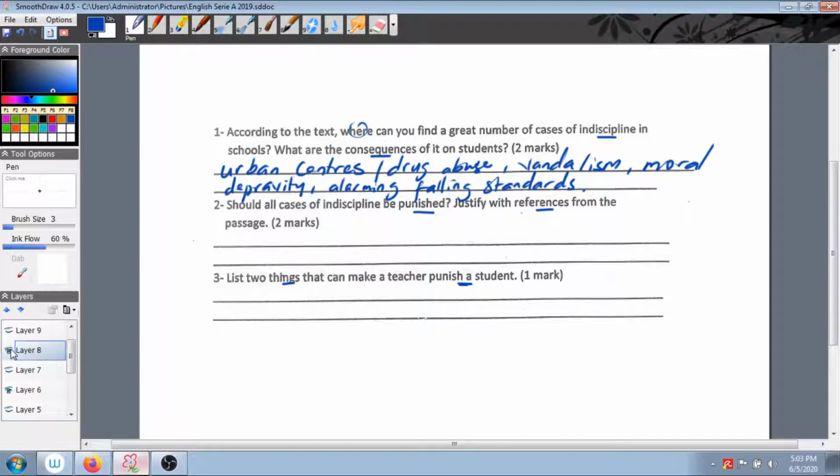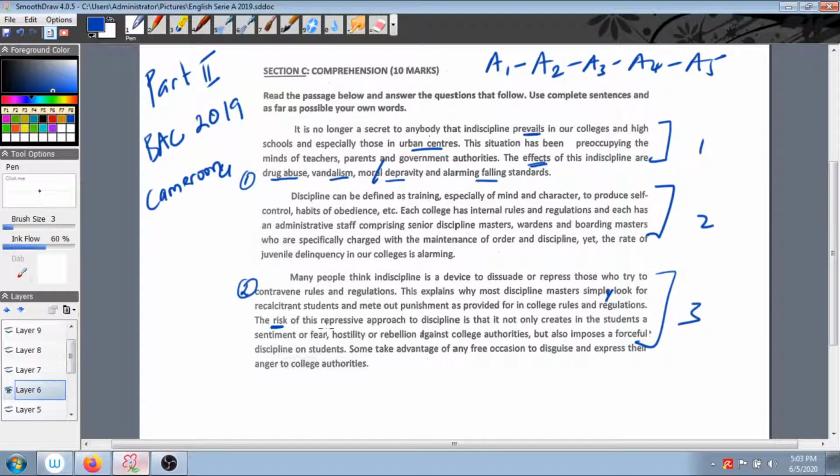So the risk of this repressive approach to discipline is that it not only creates in the students a sentiment of fear, hostility, rebellion against college authorities, but also imposes forceful discipline on students. I guess the answer is actually here.